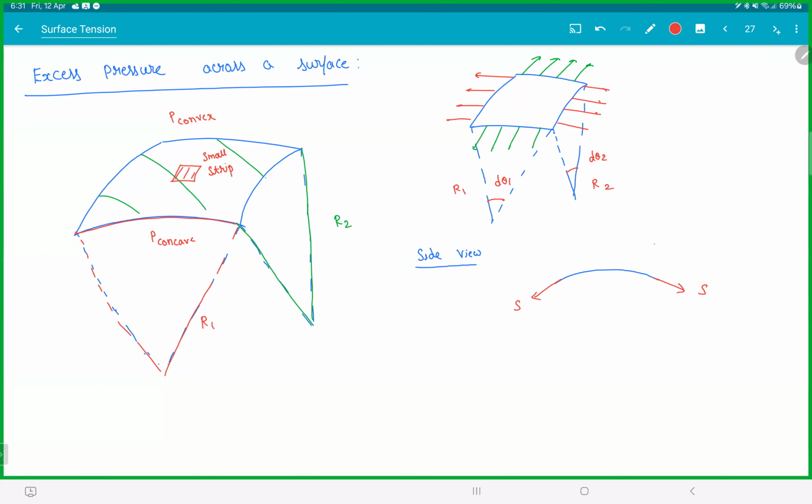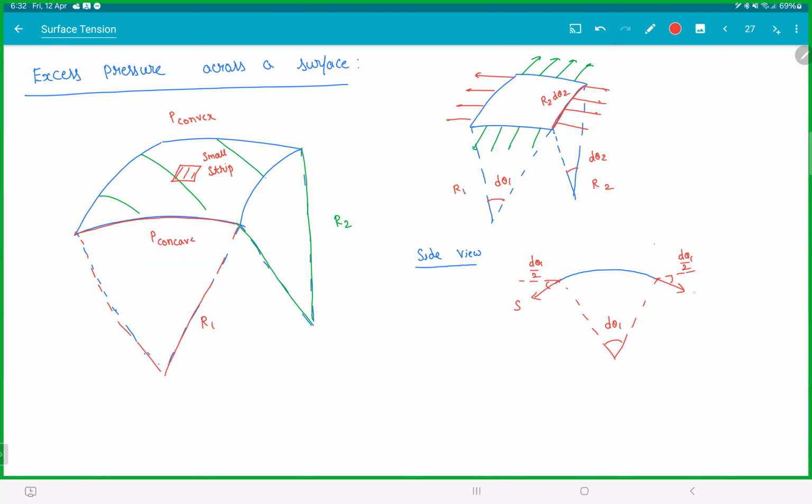That will be how much? Remember, this is d theta 1. We have done this today only. So this will be d theta 1 by 2, and this will be d theta 1 by 2. But remember, what is this length here? This length is r2 d theta 2.